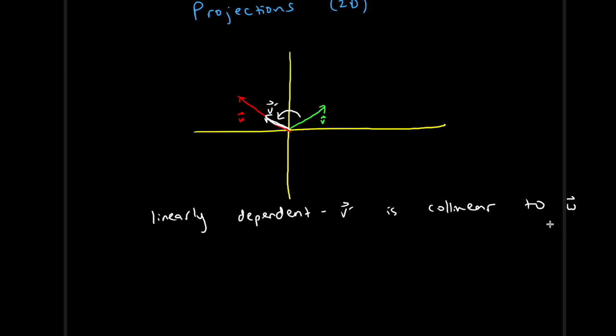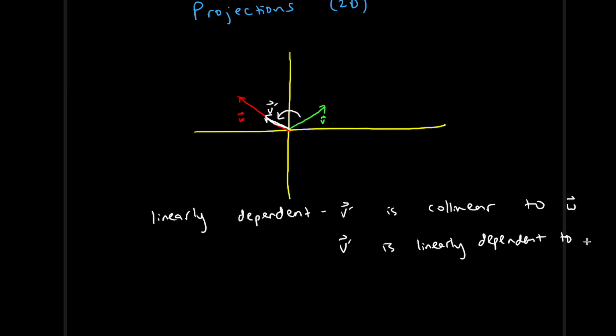By the way, I can't spell. V prime is collinear to w. If you multiply w by some scalar, by some number, you can dilate it or shrink it to get some other vector v prime. And this means v prime is linearly dependent to w.